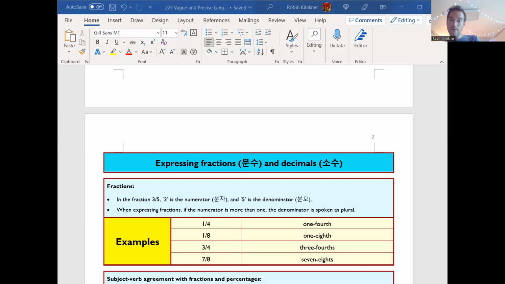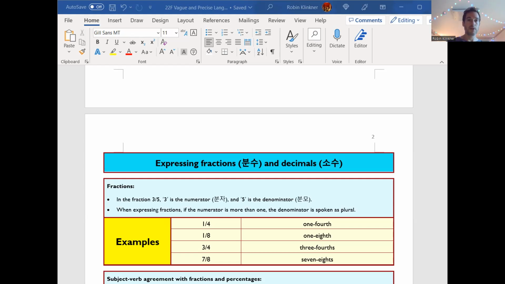Just like 2 is half, 3 is third, then 4 is fourth, 5th, 6th. So 2 and 3, little unique. 6 is larger than 1, 6/7. Okay, so that's how you express fractions. If the numerator is larger than 1, the denominator is pluralized.